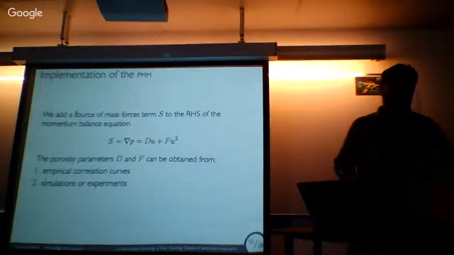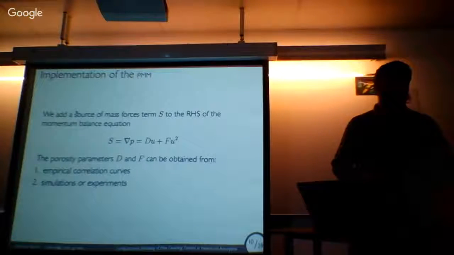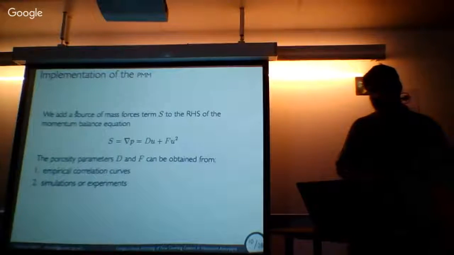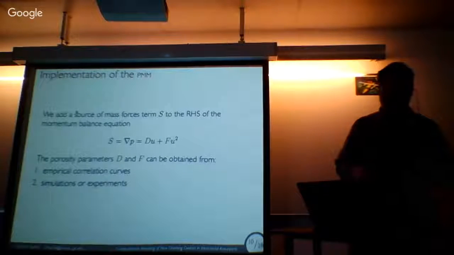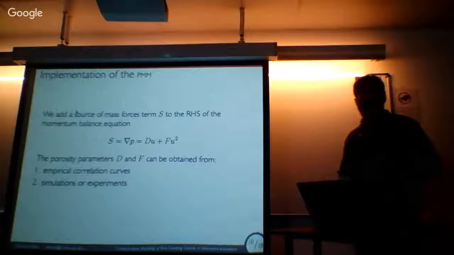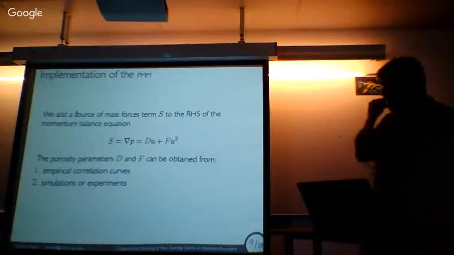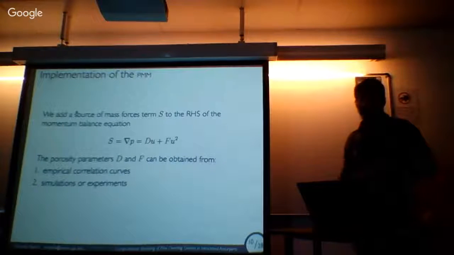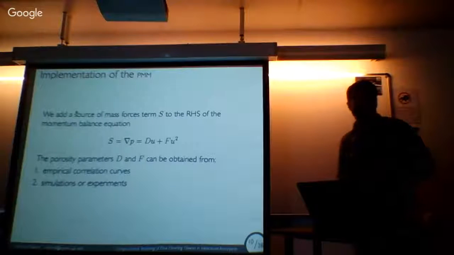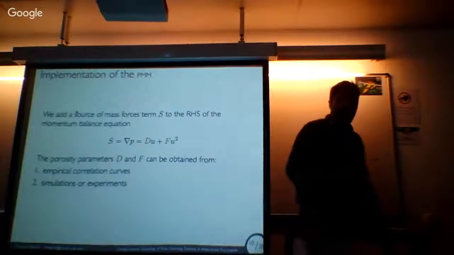This source term represents the pressure drop, or the pressure gradient, inside the material, and we are modeling this with the Darcy-Forchheimer law. So we are assuming a linear and a quadratic dependency on the velocity. This is the easy part. The second challenge here is to find what these two coefficients, D and F, actually are.